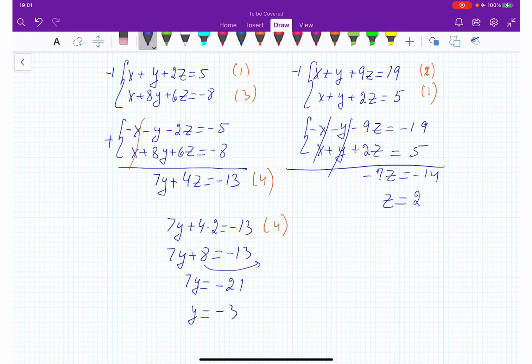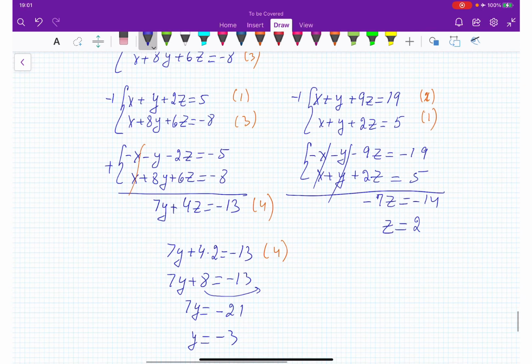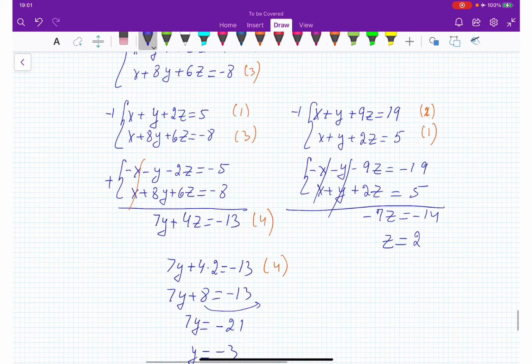Okay, I got y, I got z, and x is going to be easy. I'm going to plug into equation number 1. That is x plus y plus 2z is equal to 5.